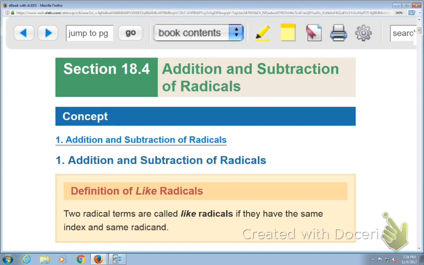Now, if we have, for example, 2 square root of 7 plus 3 square root of 7, are these like radicals? Yes.